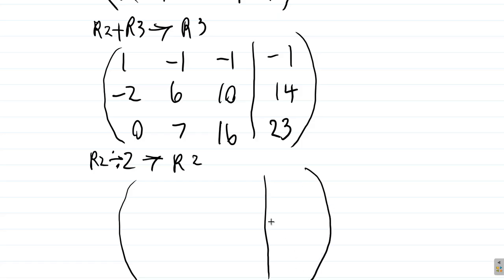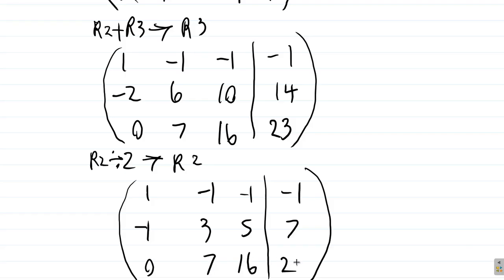So you have negative 1, negative 1. No, this is positive 1. Where did I get negative 1 from? This is 1, negative 1, negative 1, negative 1. Then half of negative 2 is negative 1, half of 6 is 3, half of 10 is 5, half of 14 is 7.